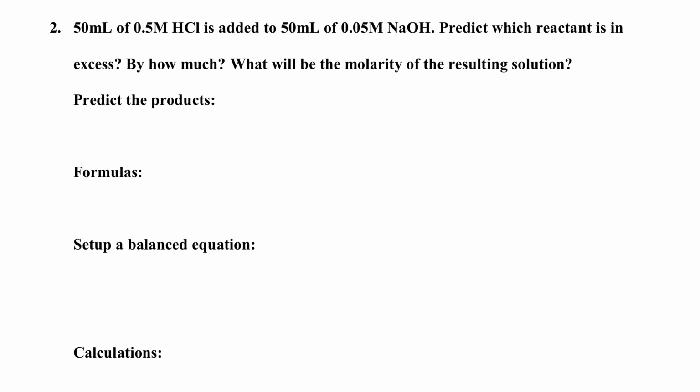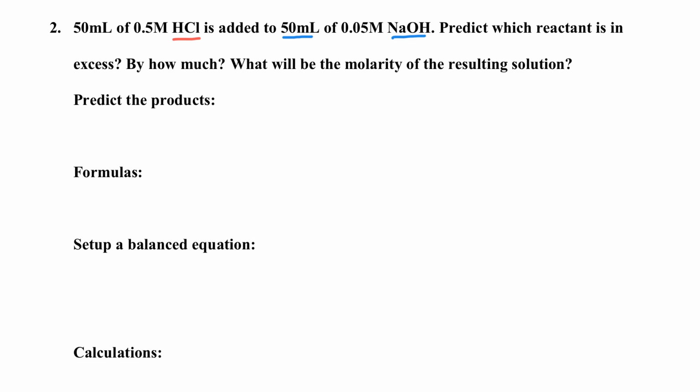Now let's see what we have. We have two chemicals here. Your chemical number one, which I'm marking in red, is hydrochloric acid. Chemical number two is sodium hydroxide. They react together and make something. We'll need to figure out what that something is. Let's see what information do we know about sodium hydroxide.